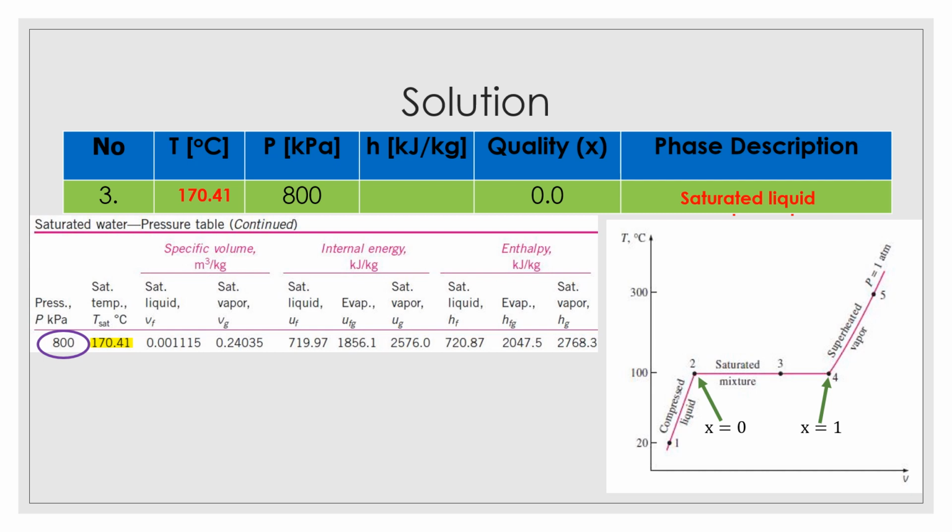So we have solved the temperature. Next, we need to determine the H, or enthalpy. Still referring to the table, H equals HF due to X equal to 0. Then from the property table, we get HF equal to 720.87, and that is the answer. So it's very simple.